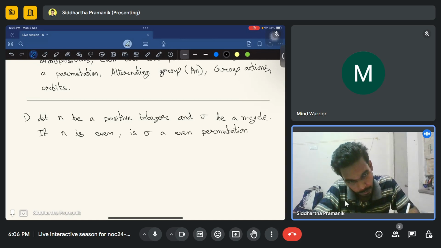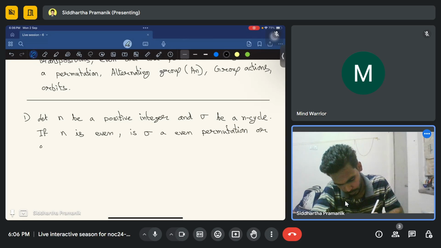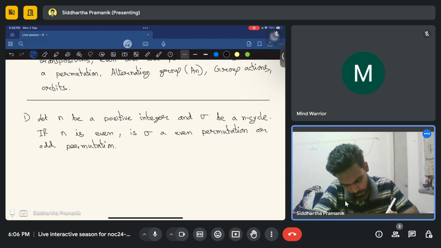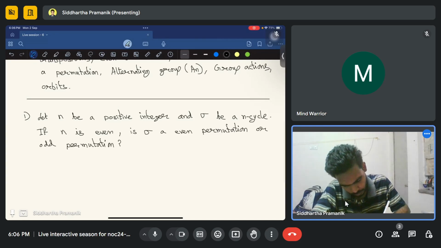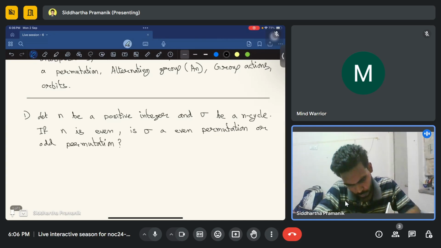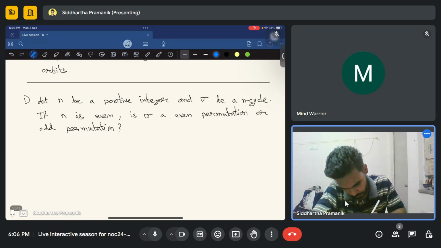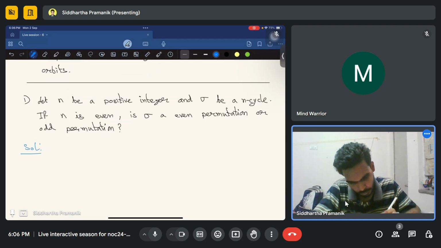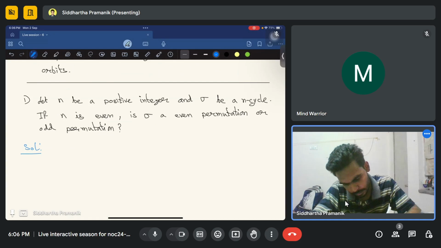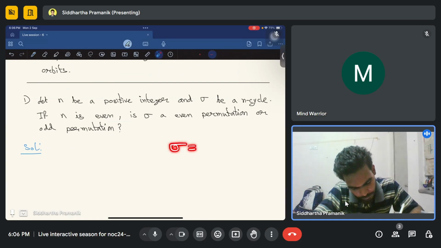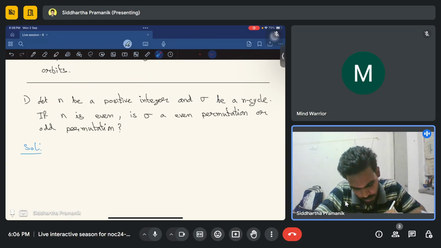Given that sigma is an n cycle, it means it is of the form (a1 a2 ... an), and n is a positive integer.